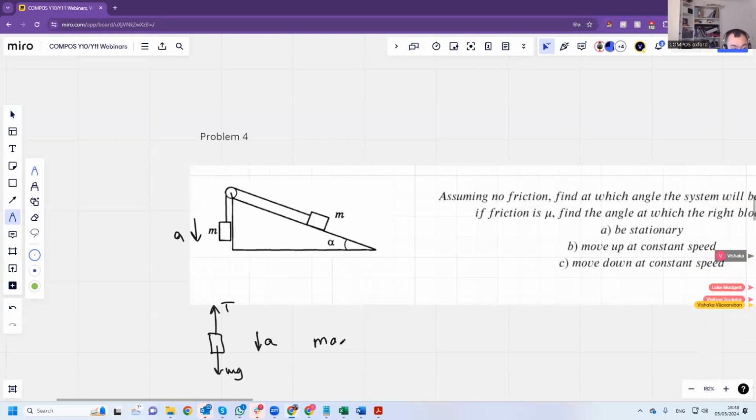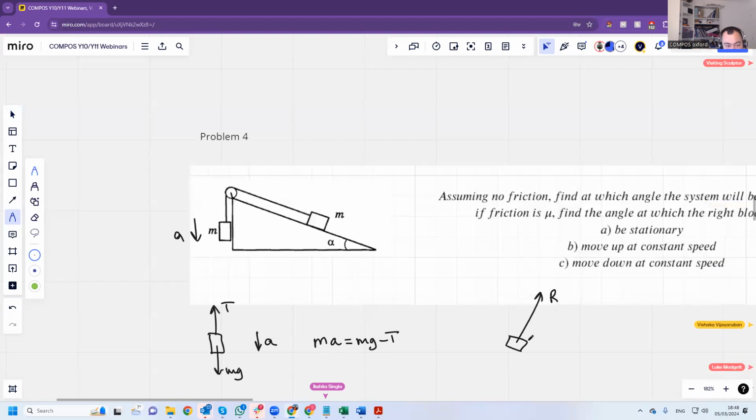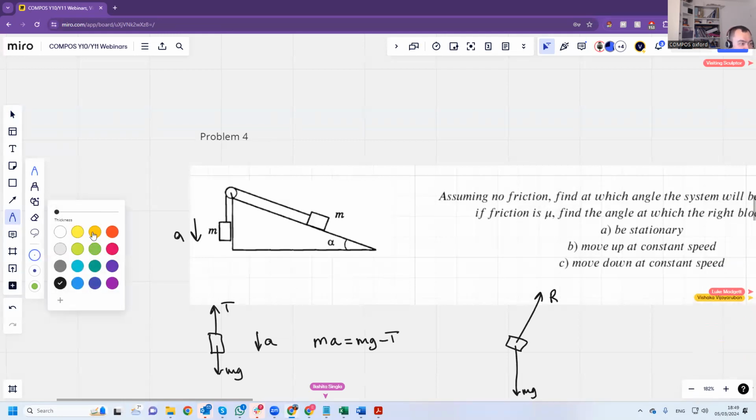So mass times acceleration is equal to mg minus T. And for the second mass, we have the reaction force, we have the mg force, which is broken down into components.